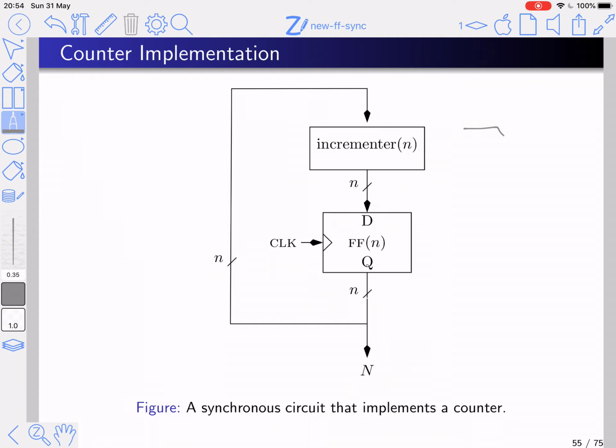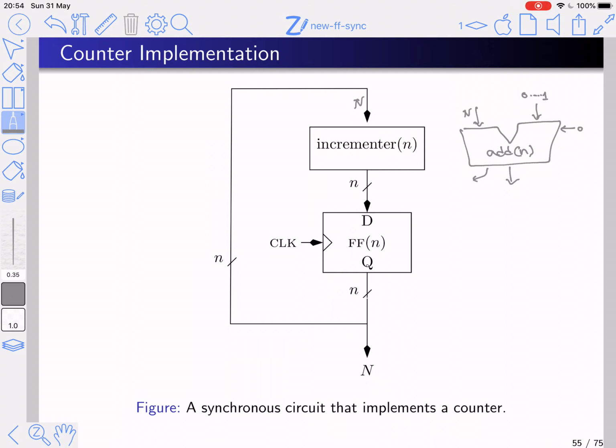Let me remind you. An incrementer is nothing but an adder, a binary adder, in which you have your input here, the same input here. This is our in, this is our in. And here the second input, you could think of it as representing the number 1, and the carry in is a 0. Okay, so it just adds a +1.